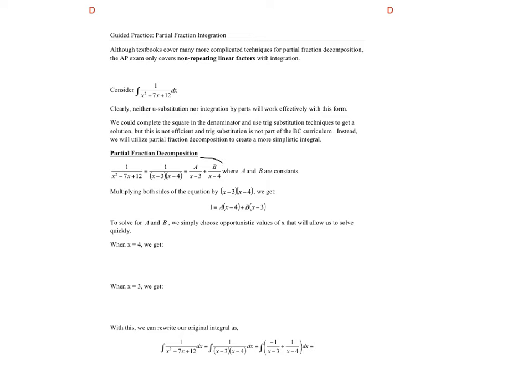So starting over here, if you multiply by the common denominator, that common denominator would be the quantity x minus 3, x minus 4. So if you're imagining a big bracket here and you did distributive property, the x minus 3's would cancel out, and you would have a times x minus 4, and then the x minus 4's would cancel out, and you would have b times the quantity x minus 3.